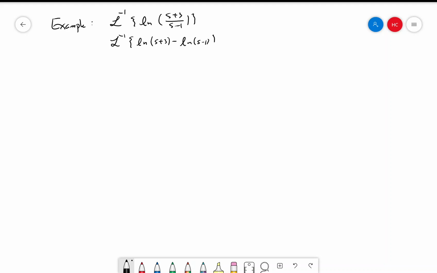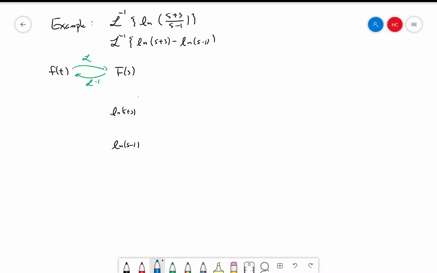So it remains to find the inverse Laplace transforms of the two individual terms. So let's draw the table again. So we want to find the inverse Laplace transform of ln of s plus 3 and ln of s minus 1. But we don't know how to find the inverse Laplace transform of them.